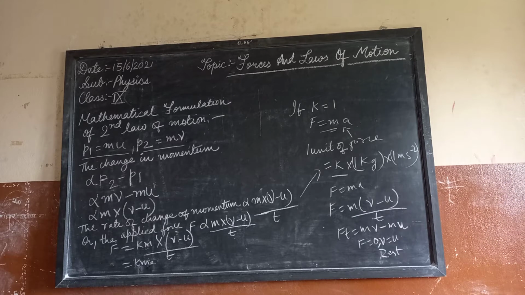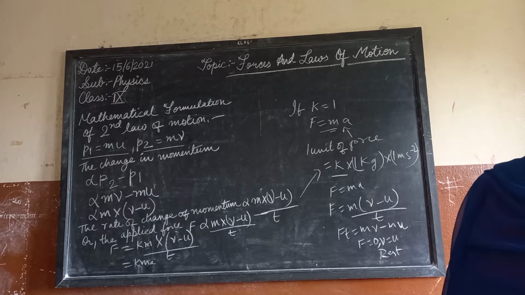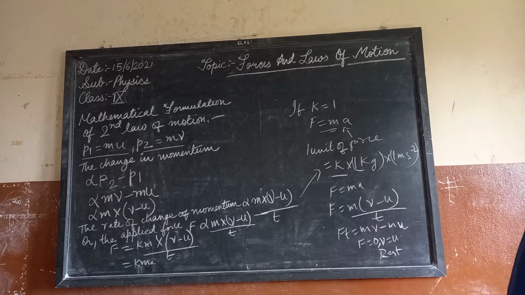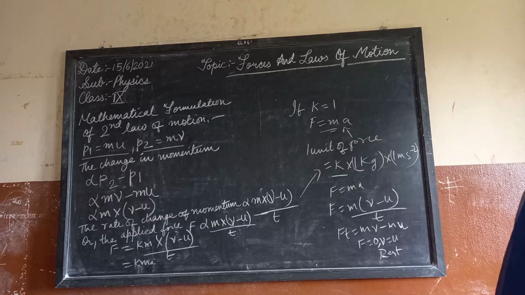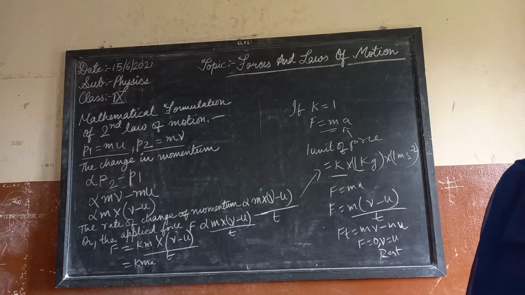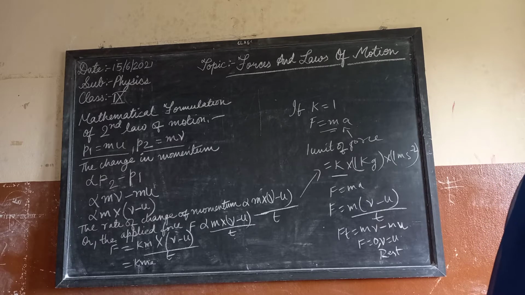The first law of motion can be mathematically stated from the mathematical expression for the second law of motion, that is F equals m into a, and F equals m into (v minus u) by t, substituting the value of a. If we cross multiply, F into t will be m v minus m u.